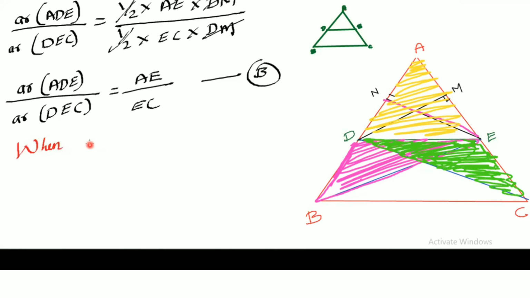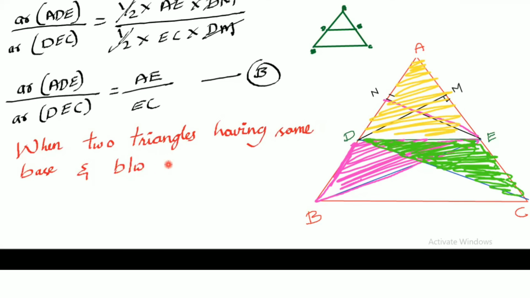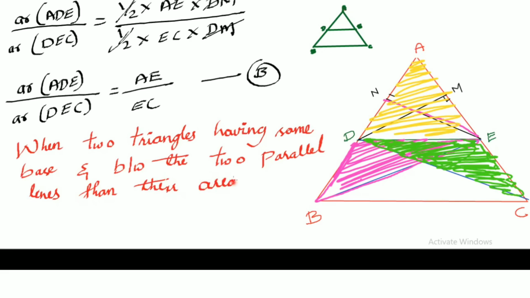When two or more triangles have the same base and are between two parallel lines, then the areas are equal.